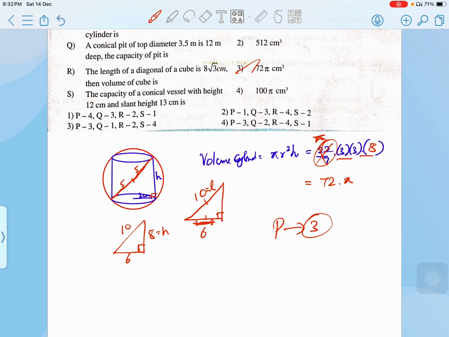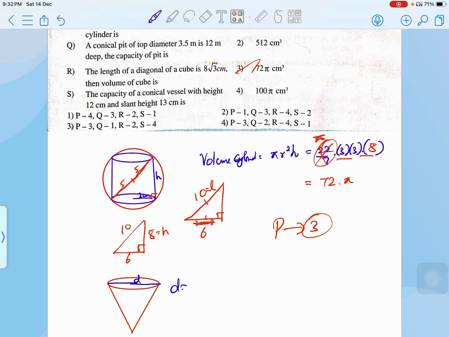For the conical pit, from the options, it can be either option 3 or option 4. If you find Q, you can easily say which one it is. So Q is a conical pit with its top diameter, they mentioned, 3.5 meters.